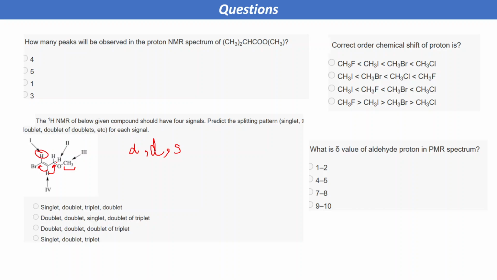So what will be the pattern? Doublet and triplet. Correct, it will be a doublet of triplets. So the correct option will be doublet, doublet, singlet, and doublet of triplets. Now, next question. Correct order of chemical shift of proton is.